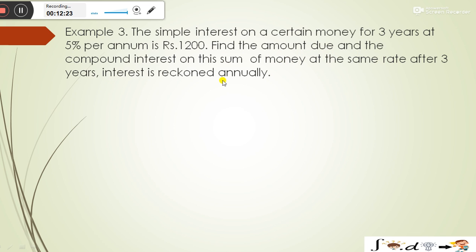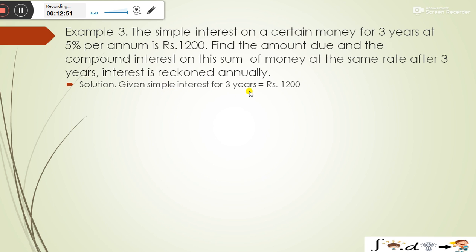Interest is renewed annually. यानी कि कोई हमारे पास सर्टेन मनी है, उसके लिए जो सिंपल इंटरेस्ट है वो 1,200 है और हमने अमाउंट फाइंड करना है और कंपाउंड इंटरेस्ट सेम मनी के लिए आफ्टर 3 इयर्स और इंटरेस्ट को एनुअली कैलकुलेट करना.